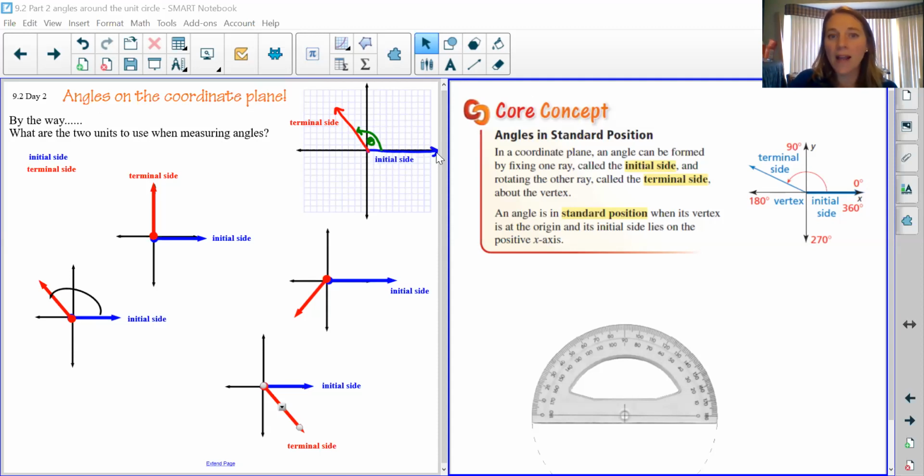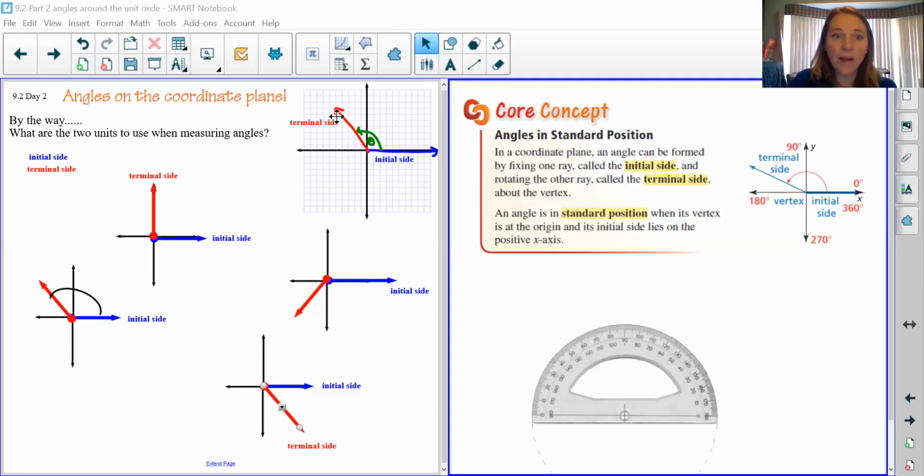The first ray is what we call the initial side. For it to be in standard position, we put this initial side ray right on the positive side of the x-axis from the origin.